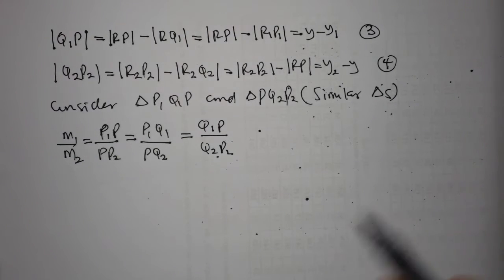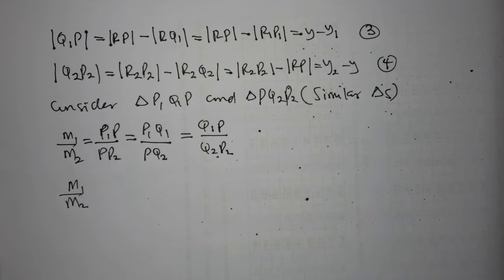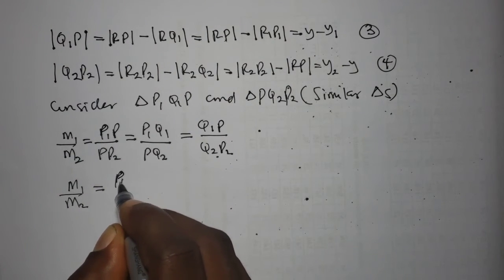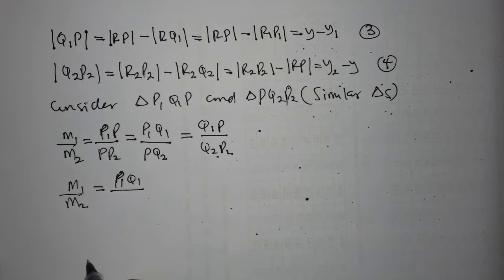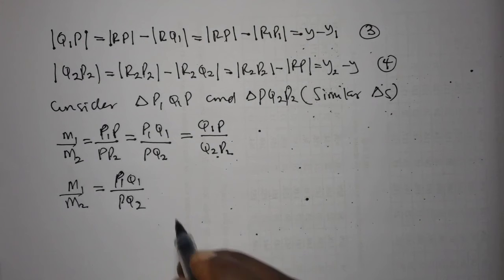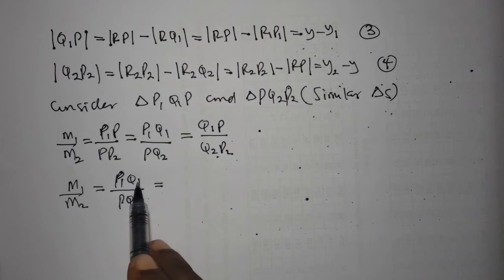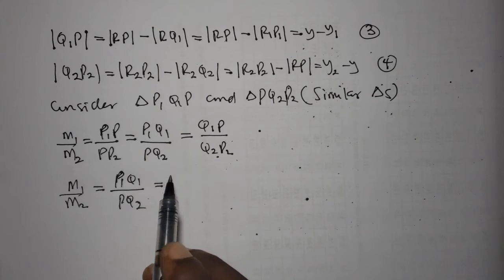So in the first instance, I want to pick M1 over M2 equal to P1Q1 over PQ2. And what is this? What is P1Q1?